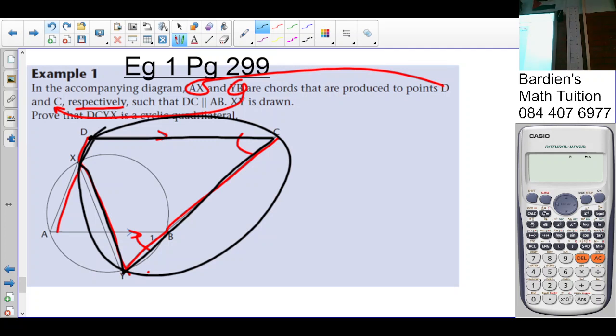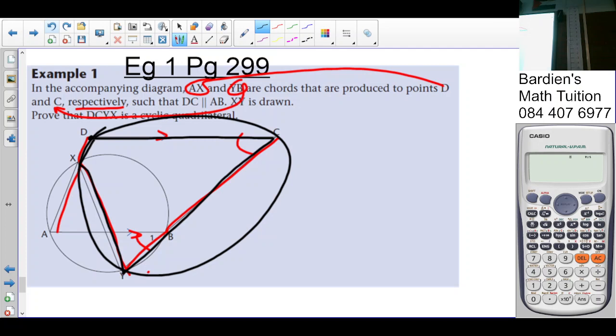So you write that down. To prove that the quad is concyclic, there are three ways of doing it.